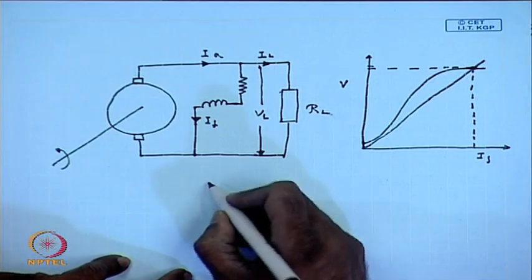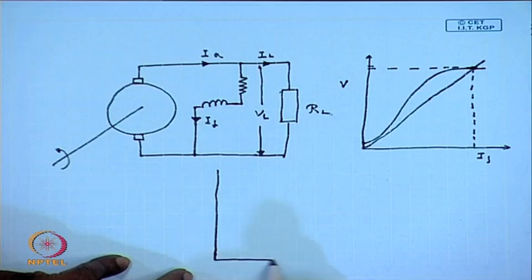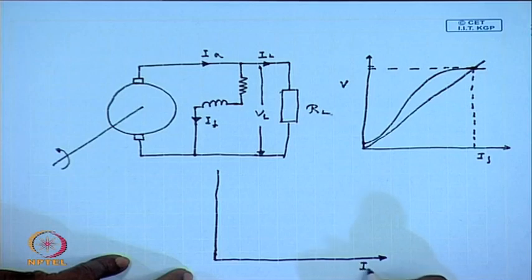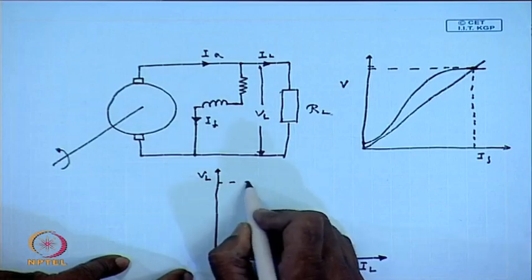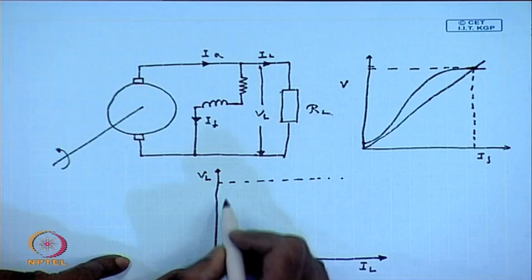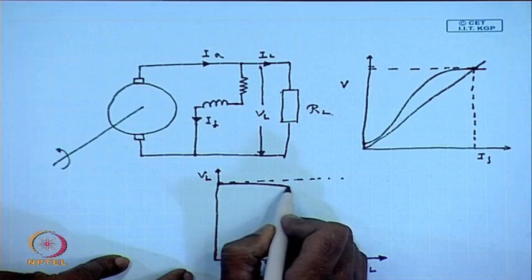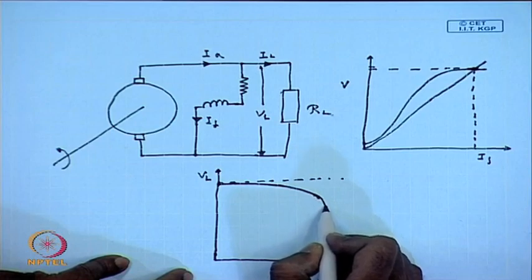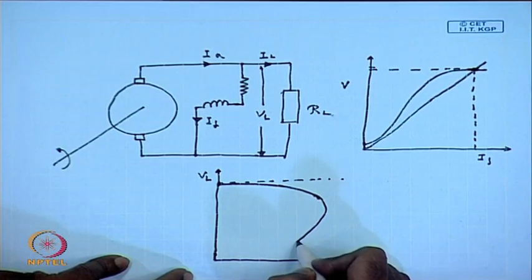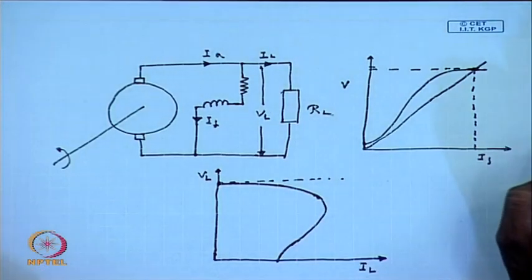The output characteristics of this generator, however, is considerably different from that of a separately excited generator, in the sense that initially it behaves almost like a separately excited generator, but as the load current increases, the voltage starts dropping, and for large load current actually the curve looks like this.